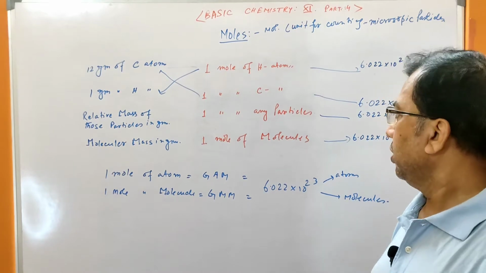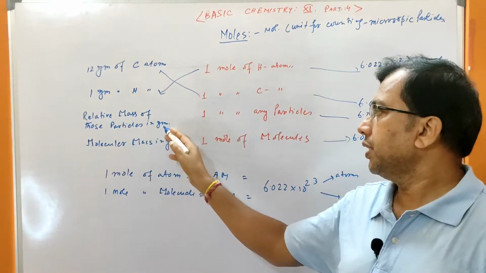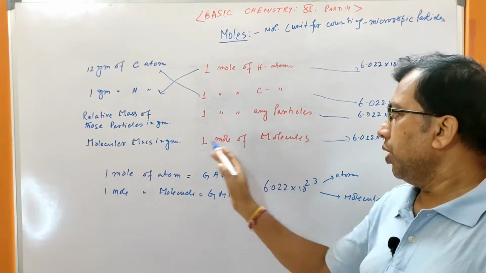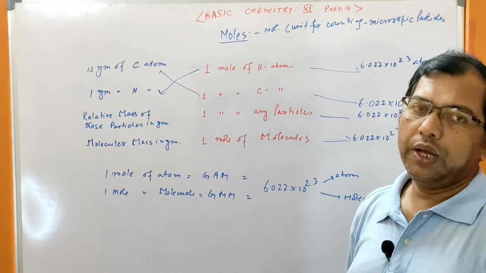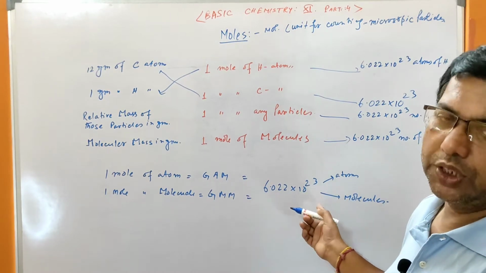Same thing, 1 mole of any particles is the relative mass of those particles in gram. We can say 1 mole of molecules means the molecular mass in gram, and 1 mole of atoms means gram atomic mass. That means gram molecular mass in case of molecules.